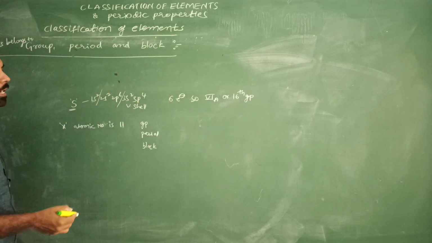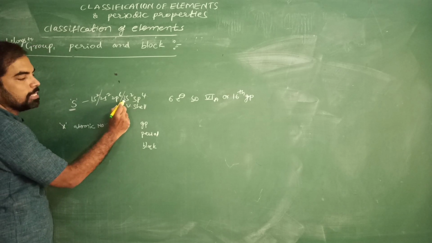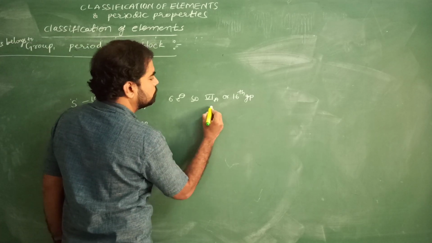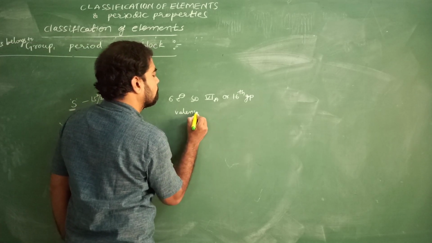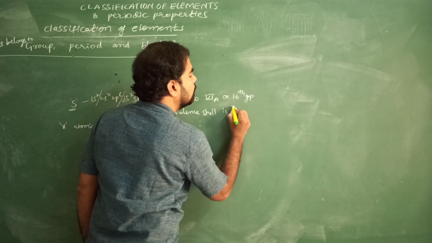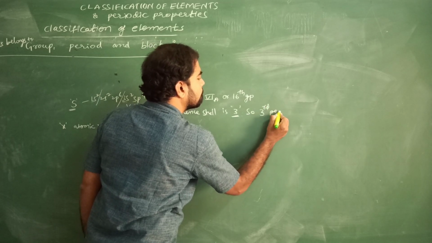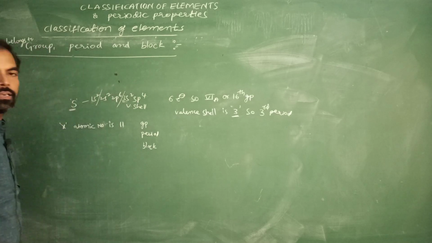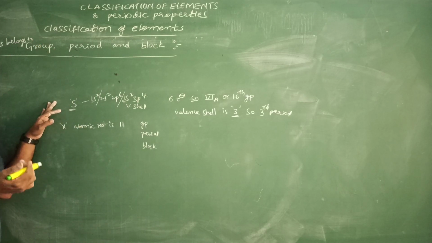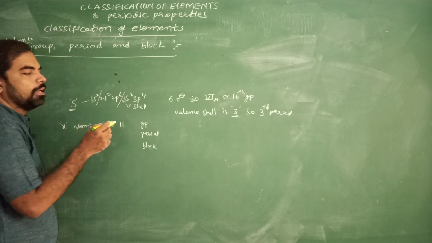Next, period. Here the valence shell number is the third one, the last shell, third shell. Therefore the valence shell is 3, so third period. And which block does sulfur belong to? S block, P block, D block or F block. See, the differentiating electron enters the p subshell.